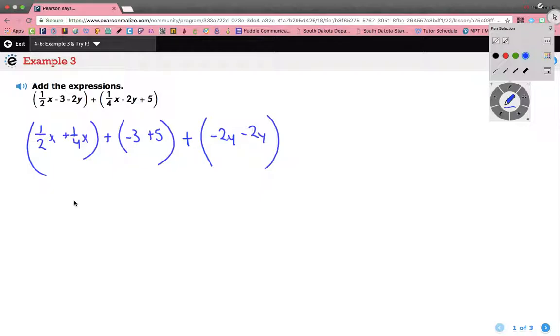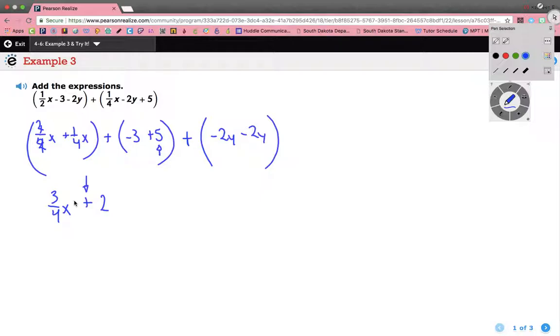So 1/2 plus 1/4. 1/2 is otherwise known as 2/4. So we know that there are 3/4 x. -3 plus 5. 5 is the greater absolute value, so I know my answer is going to be positive, and 5 minus 3 is 2. Then I have -2y minus another 2y.